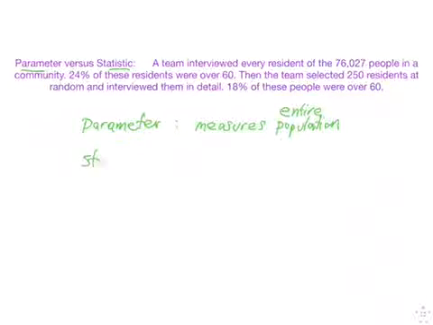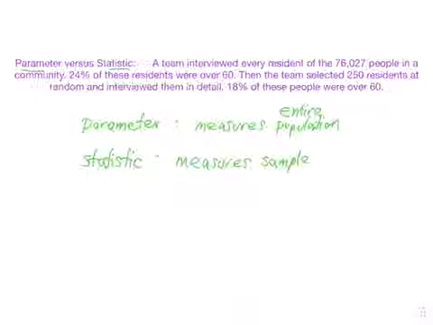A statistic, in contrast, is based on something measuring a smaller sample from a population. So if we select a few people out of a bigger crowd, then the numbers coming from that measurement are coming from a statistics point of view, and that's a statistic.